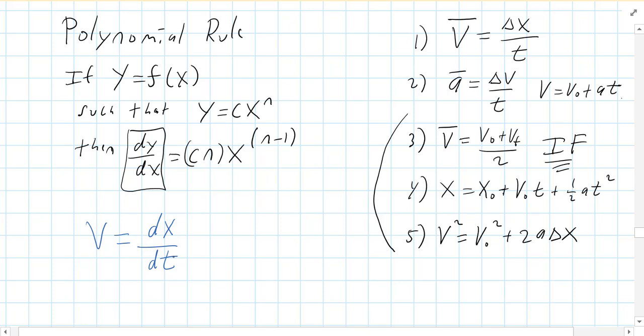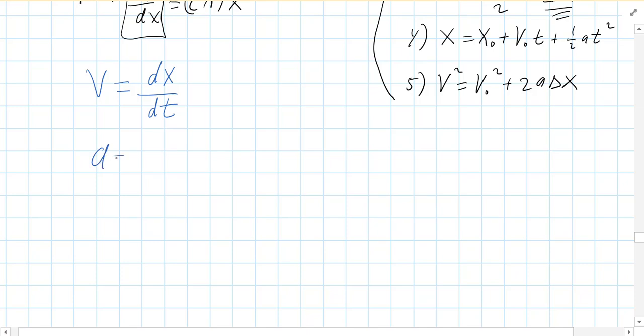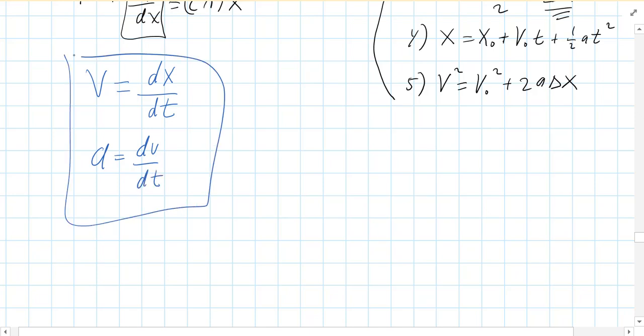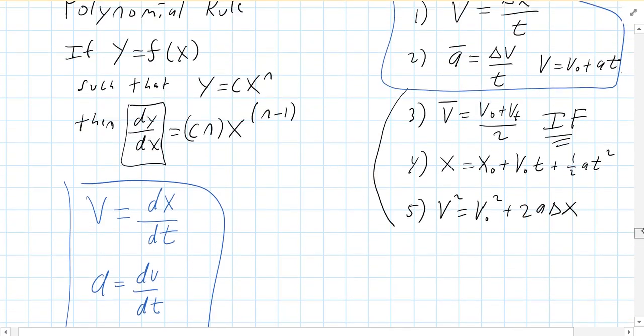So another way to say that is v equals dx/dt. Similarly, acceleration is the time derivative of velocity. It's dv/dt, okay? So these 2 equations and these top 2 equations here are always true, okay? The other ones, only true if you have constant acceleration.